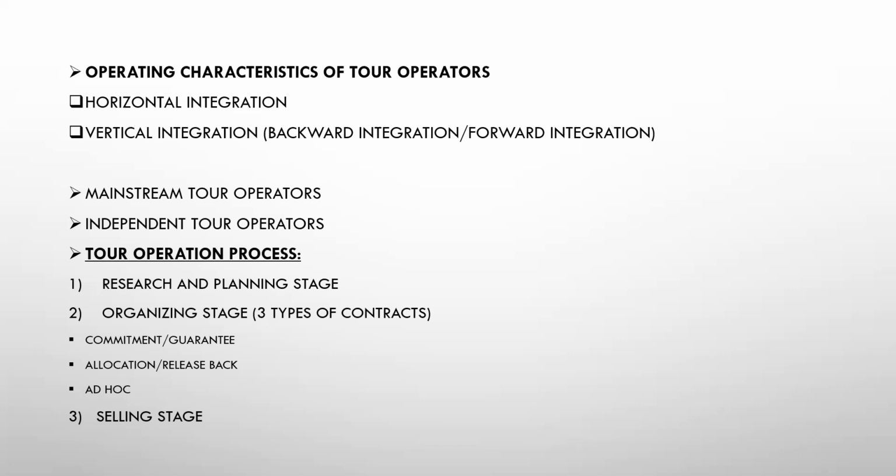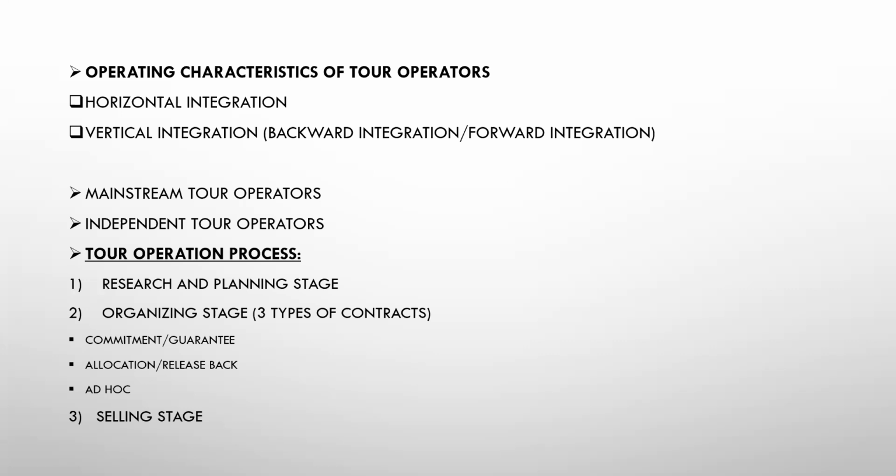What about vertical integration? It's totally the opposite of horizontal integration. Now, in vertical integration, they don't join together or merge. It happens when one of the components takes over businesses at different levels.